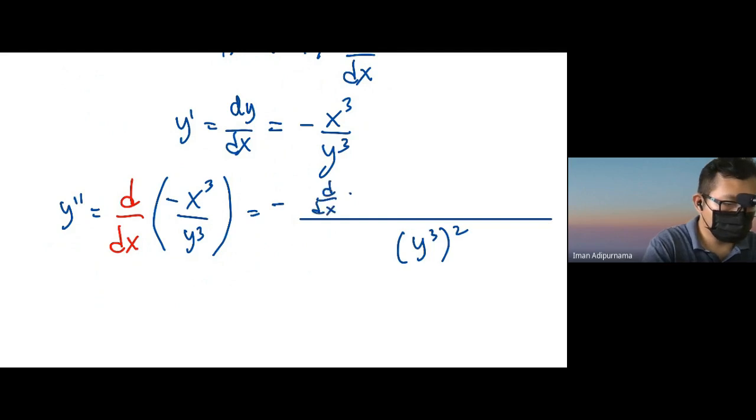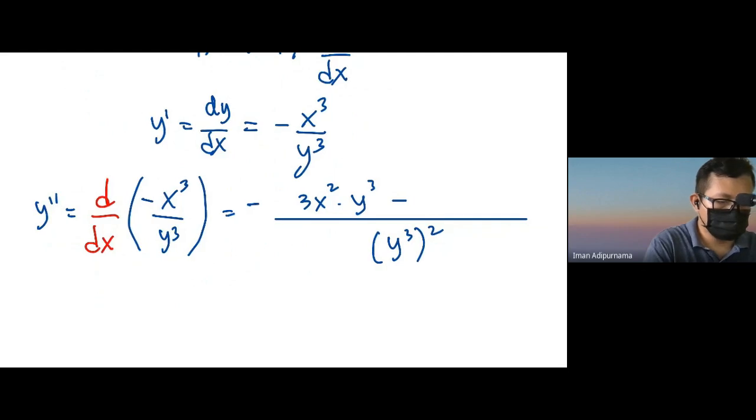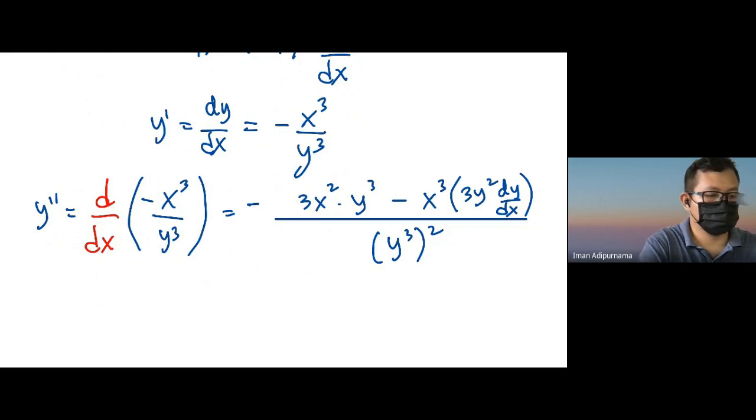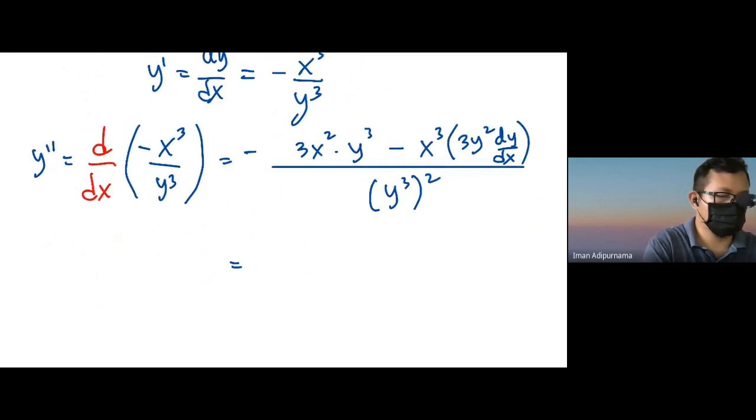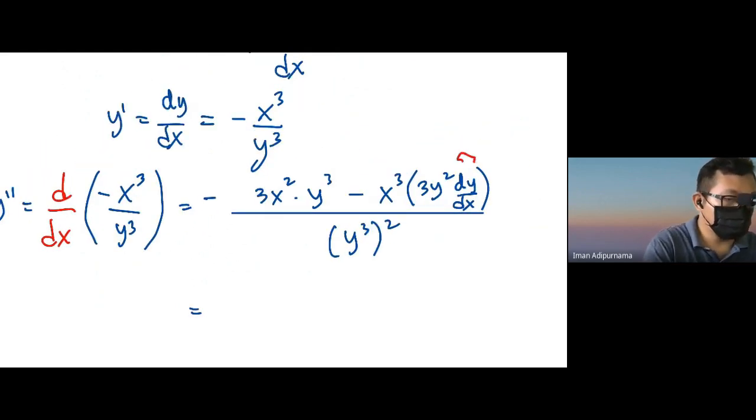So we have d dx of x cubed, or maybe let's just write directly. x cubed will be 3x squared, and then y cubed, and then minus x cubed, and then this will be 3y squared dy dx. Okay. Now, dy dx here, in this quotient rule, we can substitute from here.